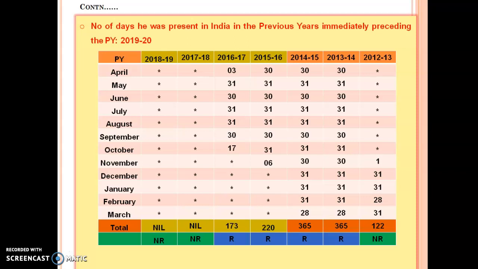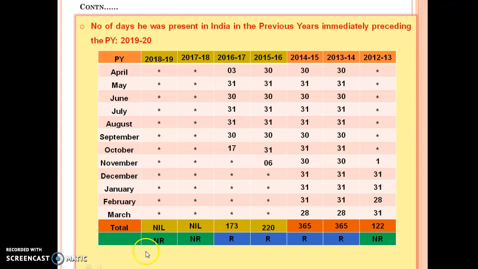As he is a resident of India, we have to go further and find out whether he was a resident for more than 2 years in the last 10 years and whether he was present for at least 730 days in 7 years preceding the previous year 2019-20.